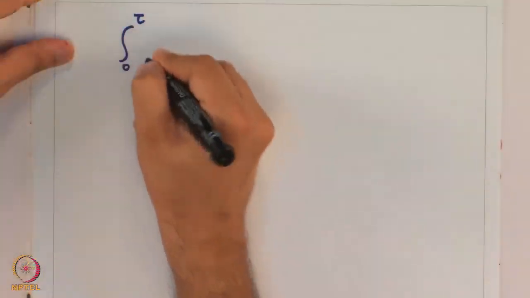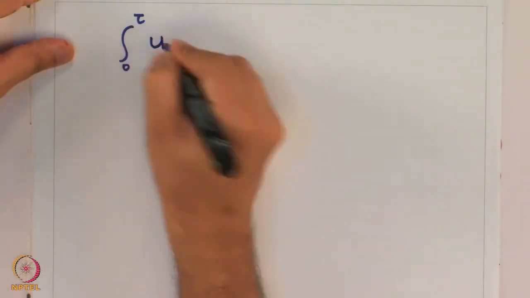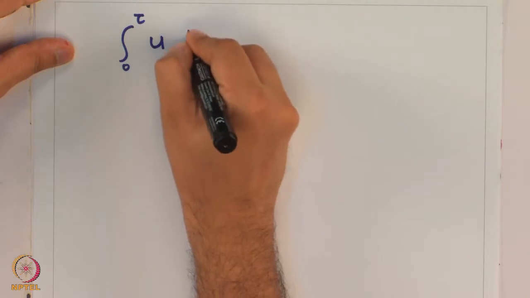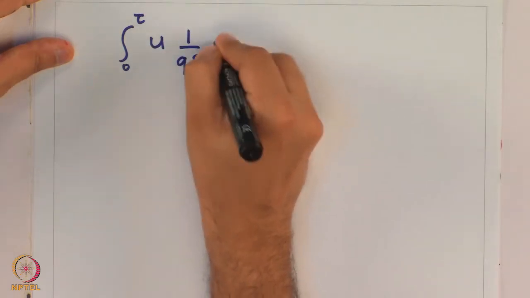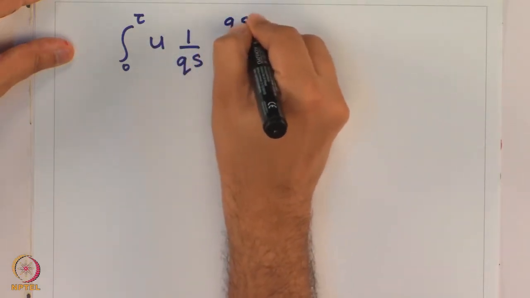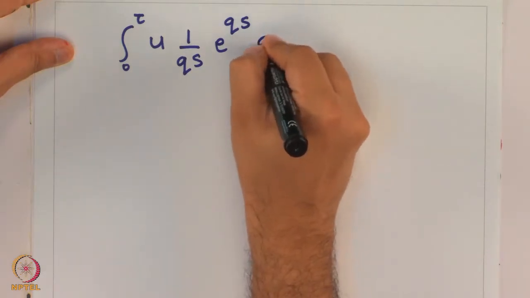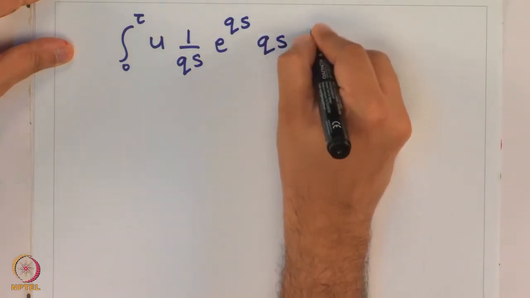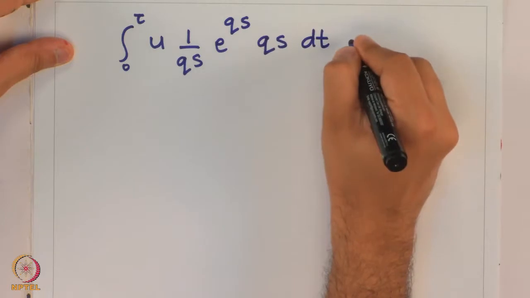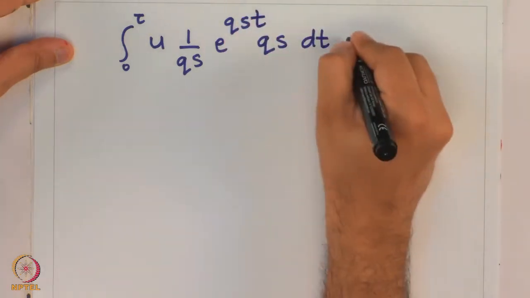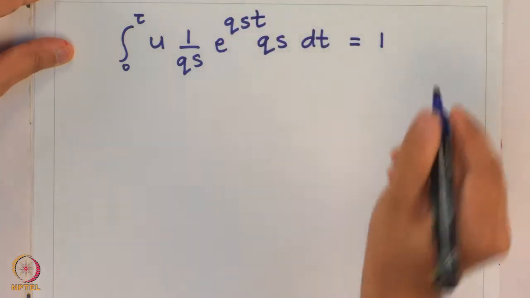So, let's plug these expressions in and solve for an expression for tau. And so, we have the integral from 0 to tau of u, the beneficial mutation rate, times Nt, which is just 1 upon Qs e to the power Qs t, times Qs times dt, equal to 1.